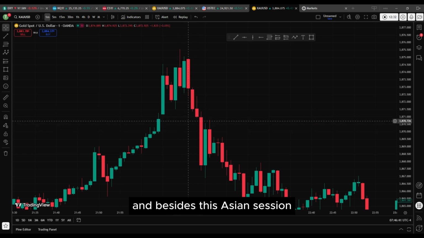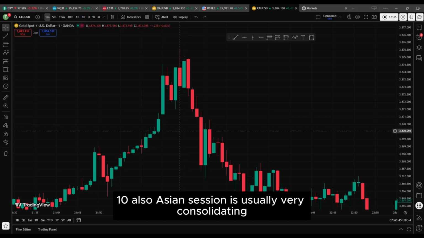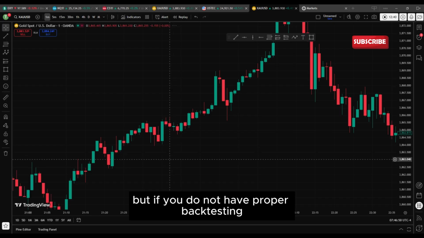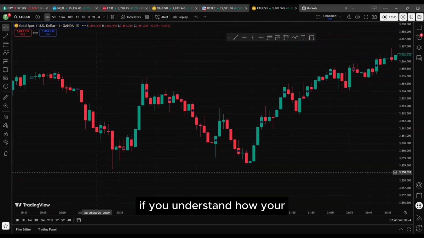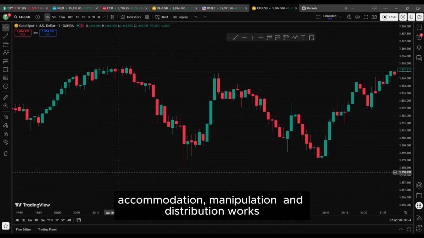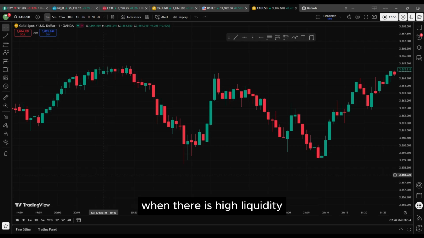And besides, this is the Asian session, this is around 22:00, 10 or so. Asian session is usually very consolidating. But if you do proper backtesting, you can find setups in the Asian session if you understand how accumulation, manipulation, and distribution work. You can always find a setup, but I would rather come into the markets when there is high liquidity, that is the New York AM session.